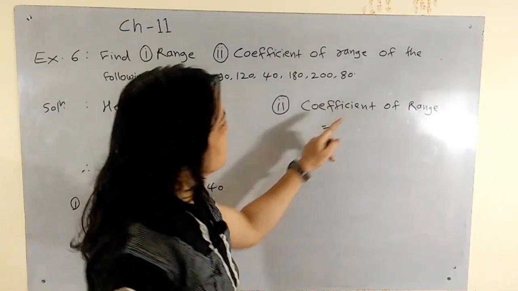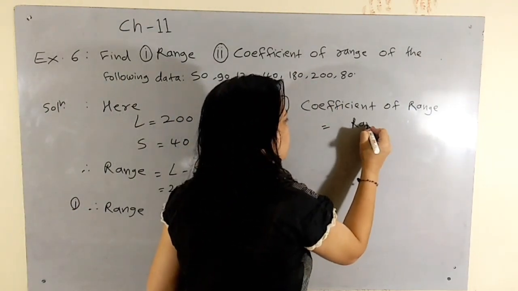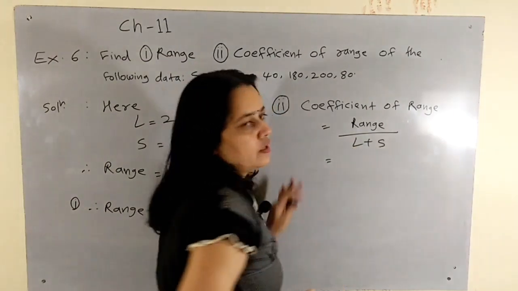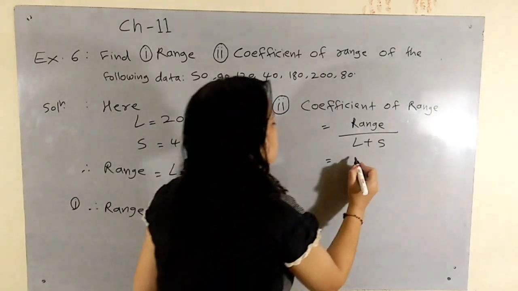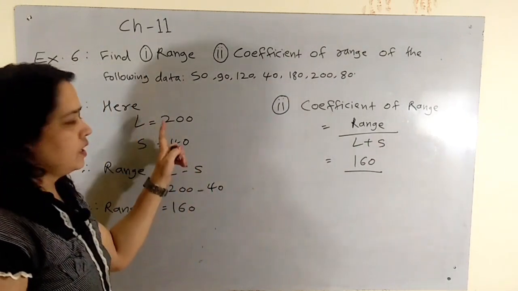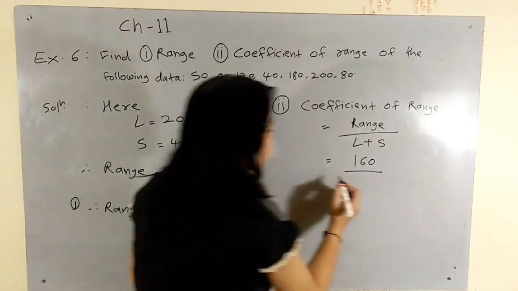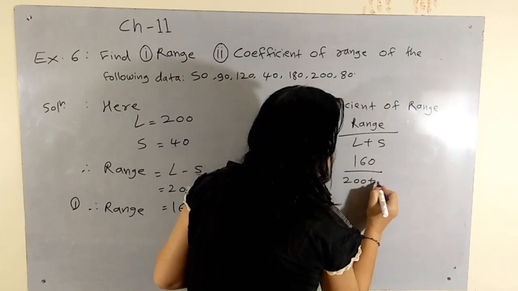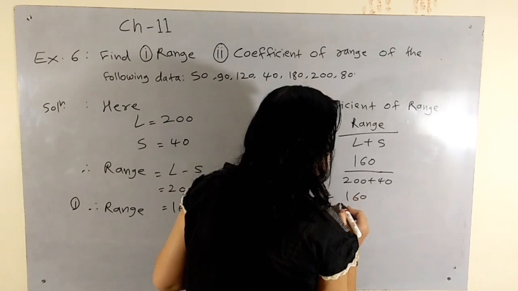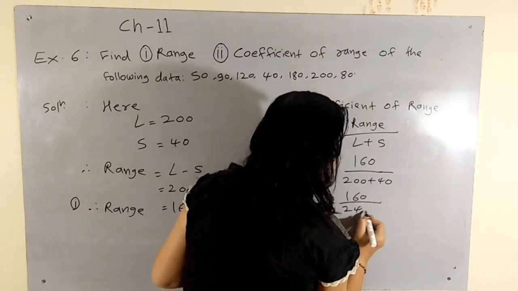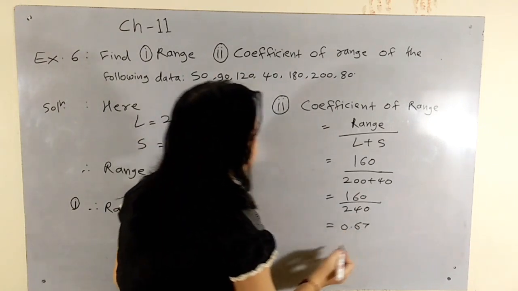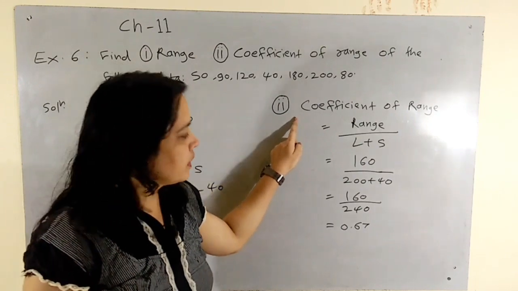Now coefficient of range is equal to range divided by L plus S. Now here range is equal to 160 divided by L plus S, L 200 and S 40. Therefore 200 plus 40, which is equal to 240, so 160 divided by 240, which is equal to 0.67.